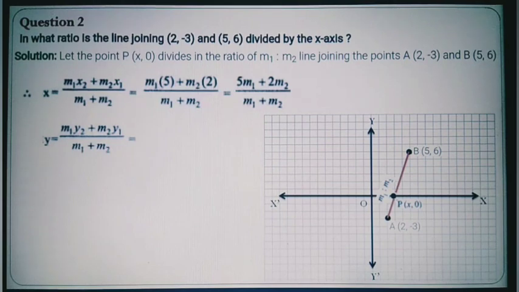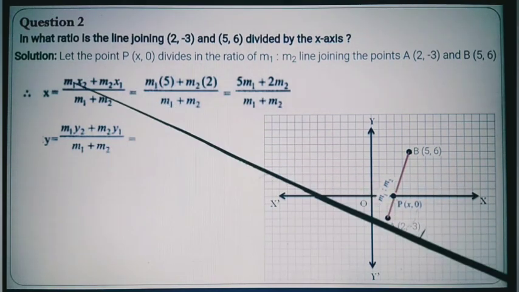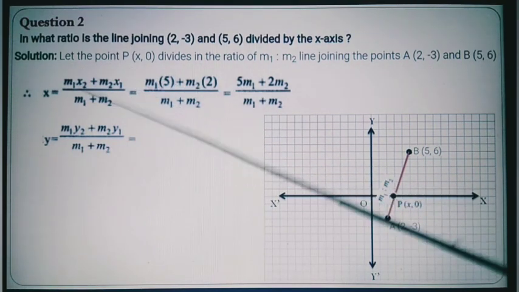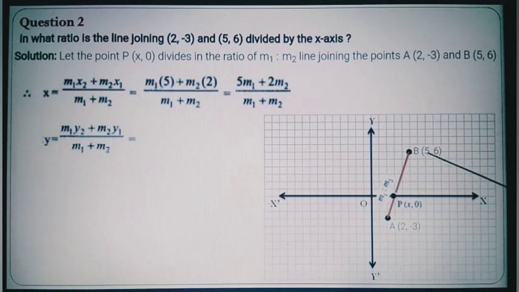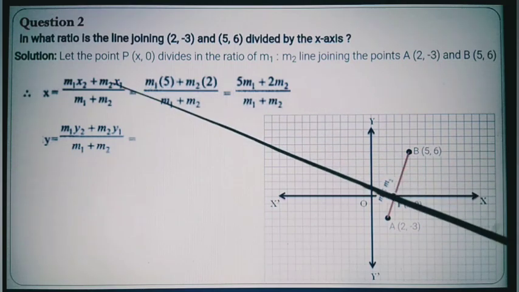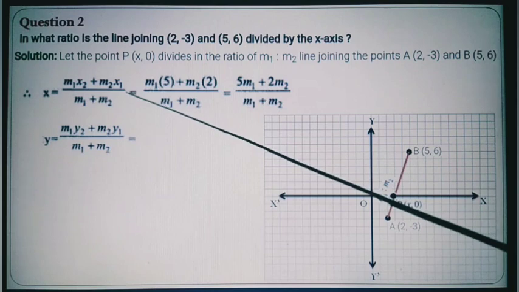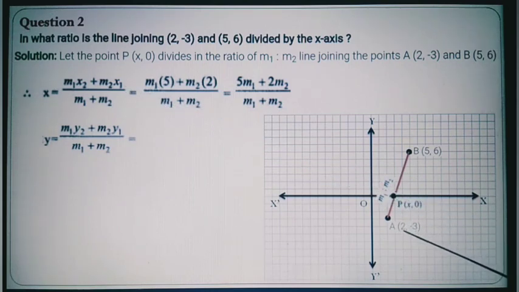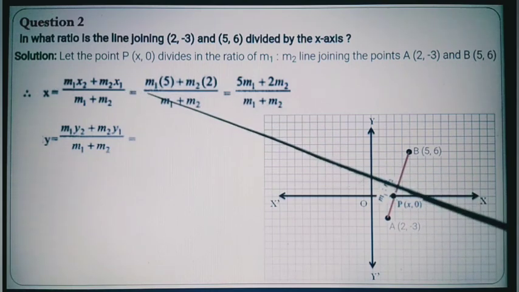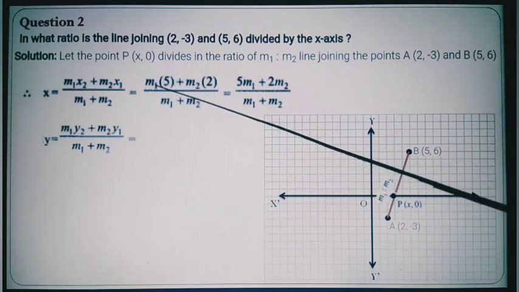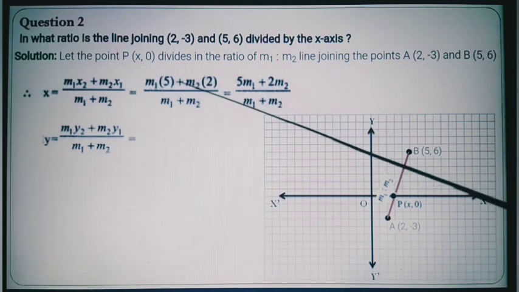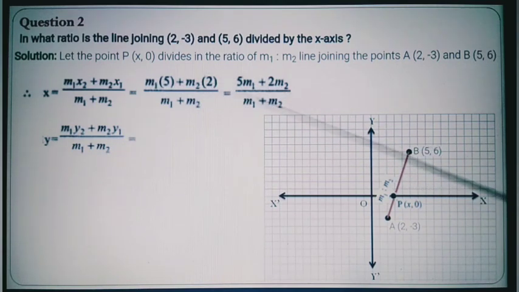So let's begin. Let me put the values. So M1 we don't know, X2 is 5, yes, the coordinate of B. M2 we don't know, X1 is the coordinate of A. Fine. So 5 into M1 is 5M1 plus 2 into M2 is 2M2, divided by M1 plus M2.